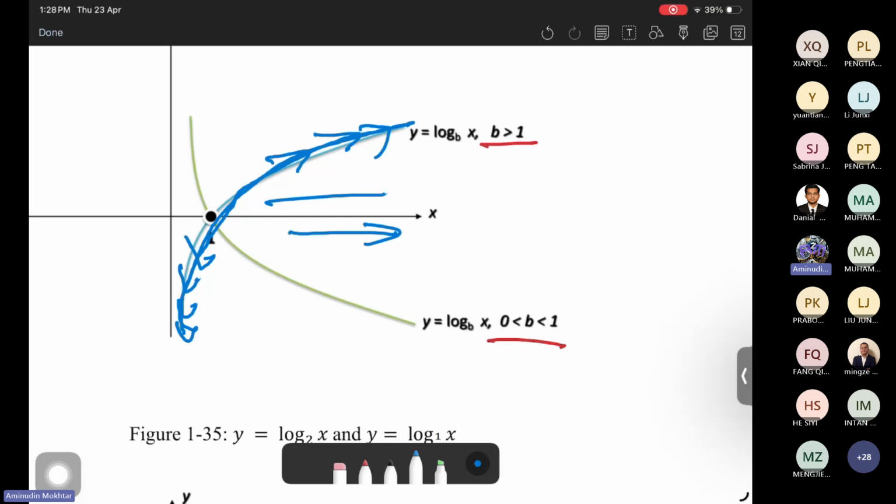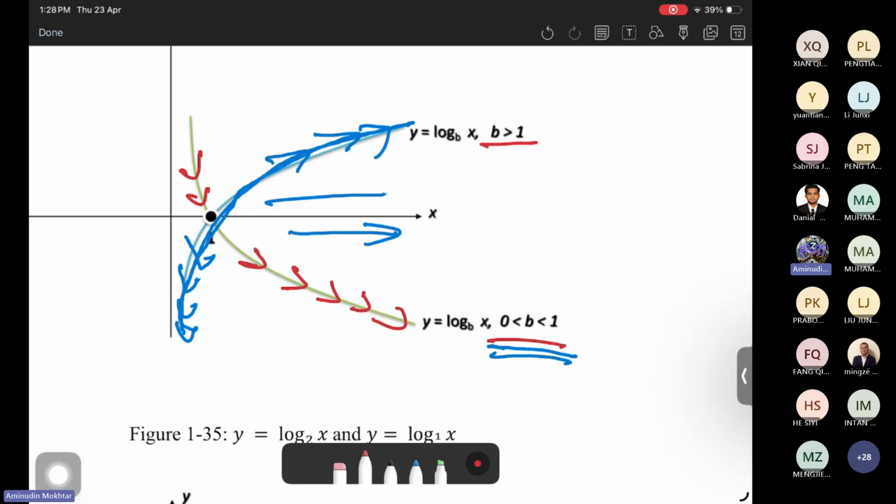But when b is between 0 and 1, what happens to the graph? The graph falls from the left to right in the interval.